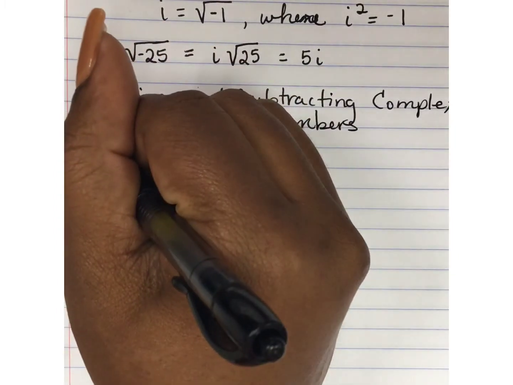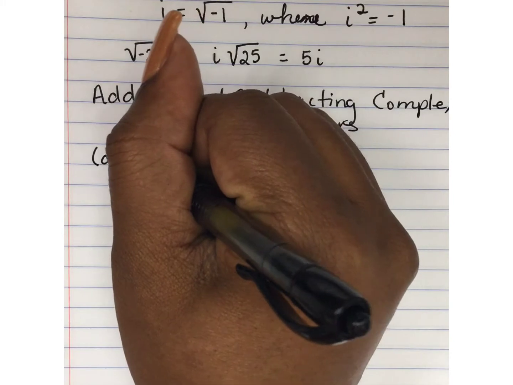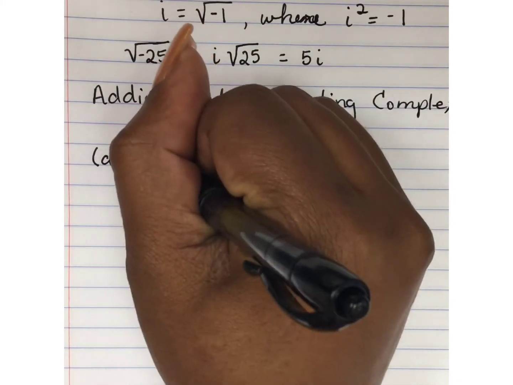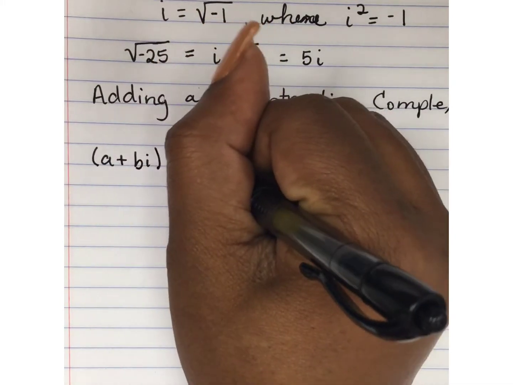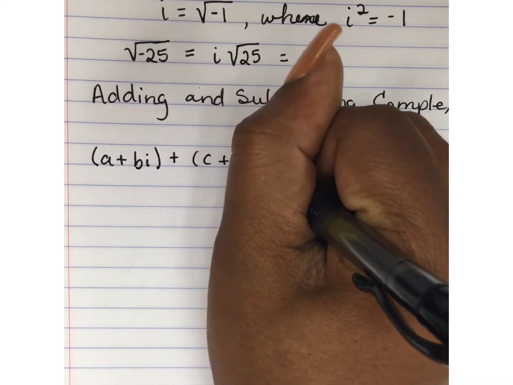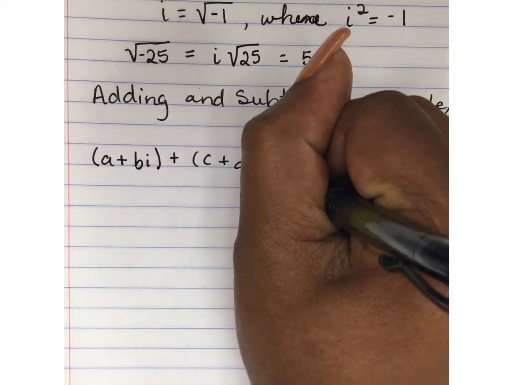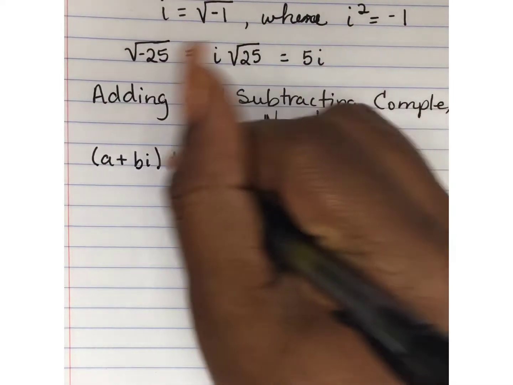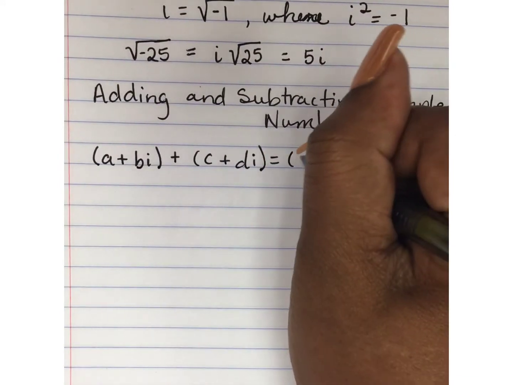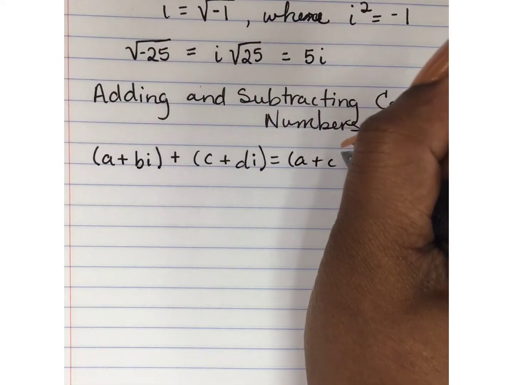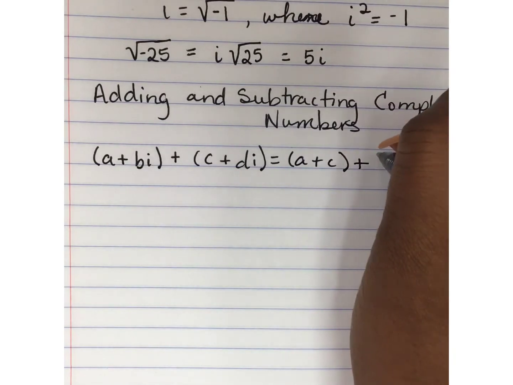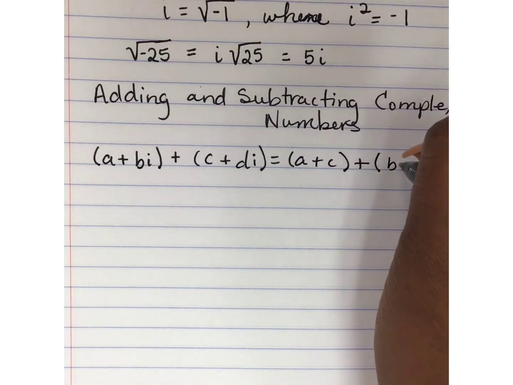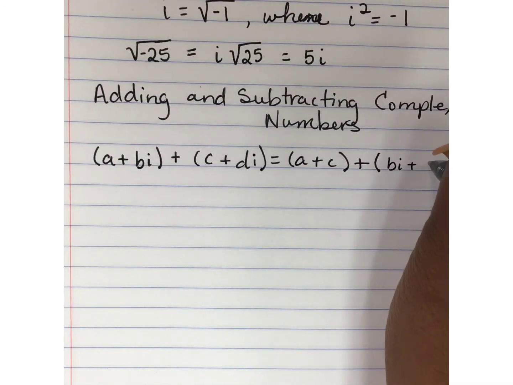and we have, say, a plus bi plus c plus di, equals, you add the two real numbers, a plus c, plus bi plus di.